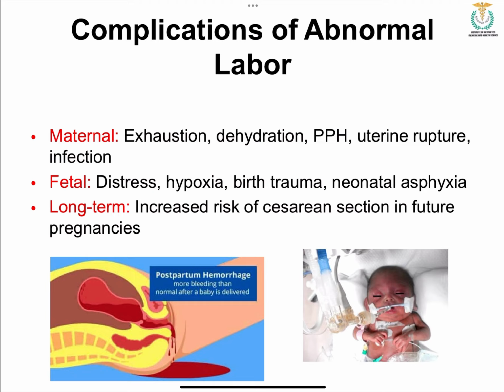Fetal: you can see distress, hypoxia or asphyxia, and birth trauma like brachial plexus injury and clavicle fracture. NICU admission is required. Long term: increased risk of repeat cesarean and pelvic floor issues. Early recognition and the right escalation path will reduce these harms. These are the complications you might experience in abnormal labor.